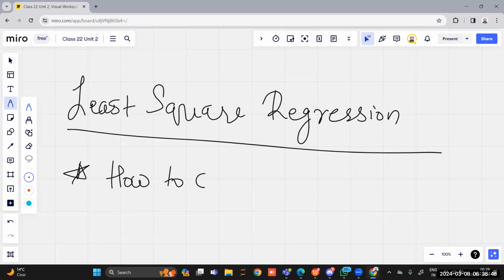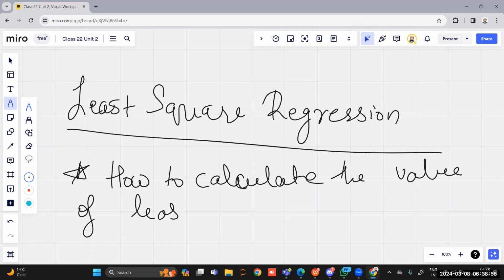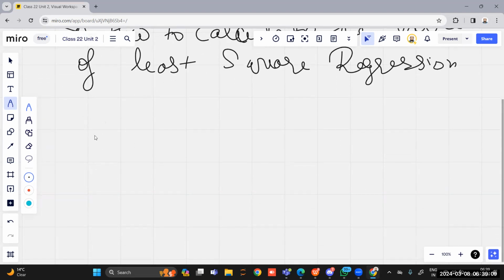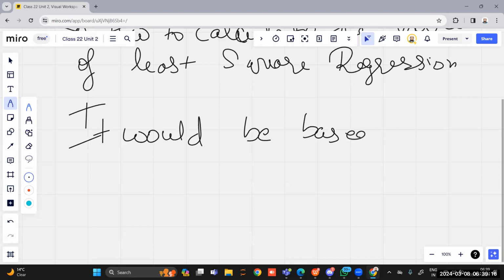The value that we will be calculating would be based on the simple mean and standard deviation. We have seen in the previous class how least square regression is plotted.